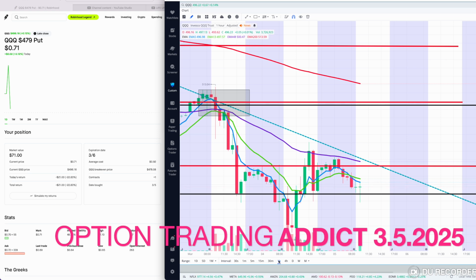That's the only thing that's keeping me in this trade. That's the only thing that's making me not feel too anxious about holding on to it.